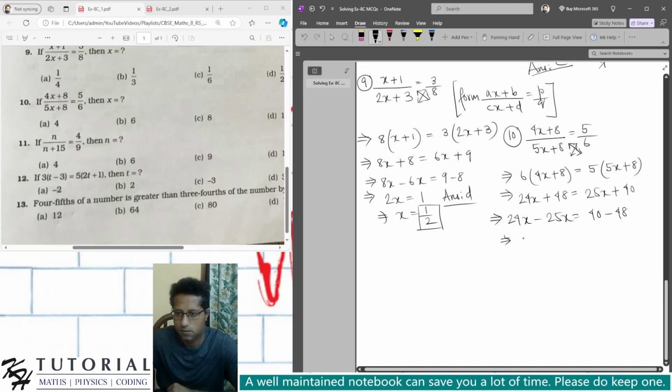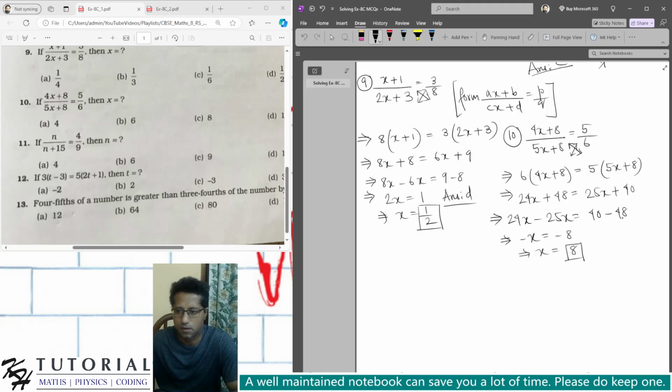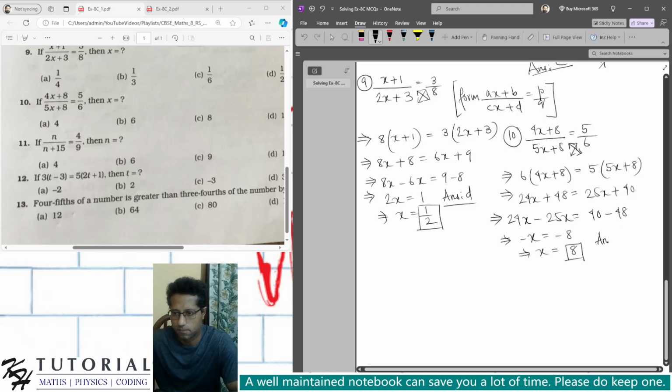This implies minus x is equal to minus 8. This implies x is equal to 8. So the solution or root of the given equation is 8, and hence the correct choice is choice C.